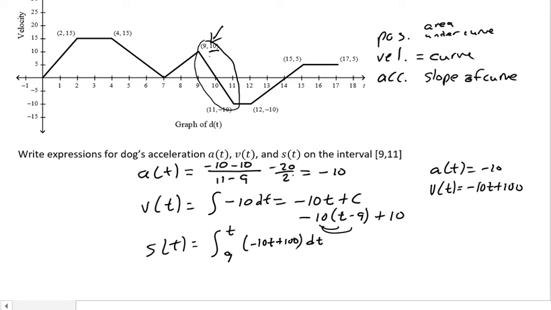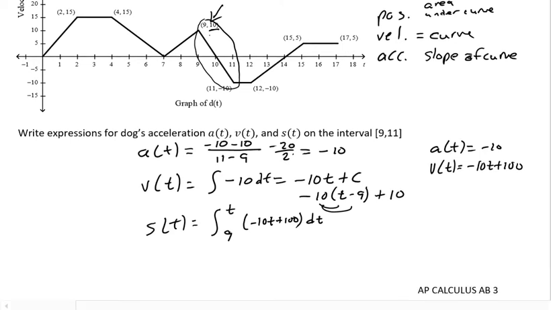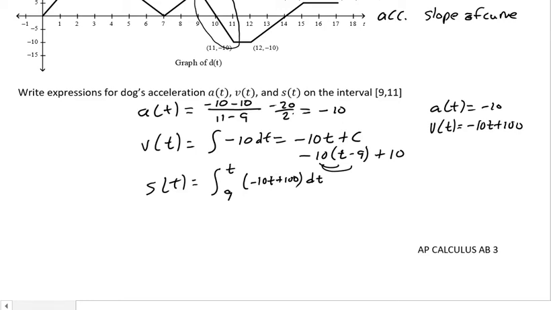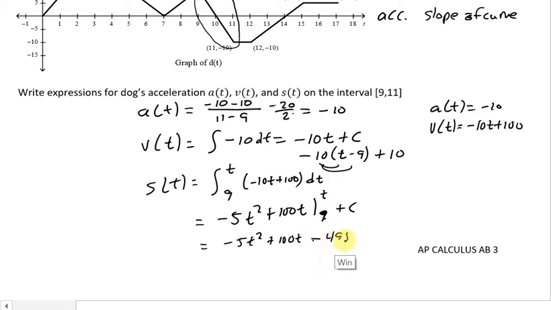We're going to do that, and what we're going to get is negative 5t squared plus 100t evaluated from 9 to t plus c, and that turns out to be negative 5t squared plus 100t minus 495, and we need a plus c again. We need to know what that c is, that initial starting point.